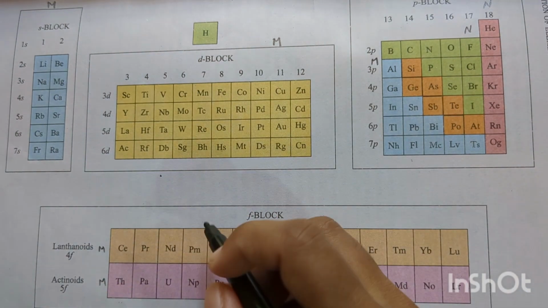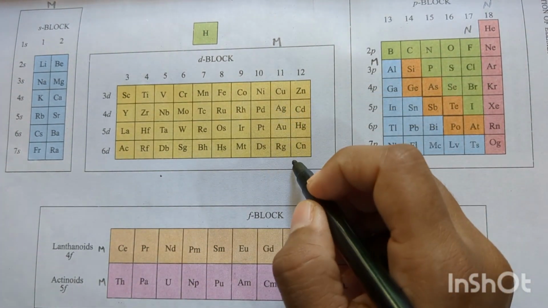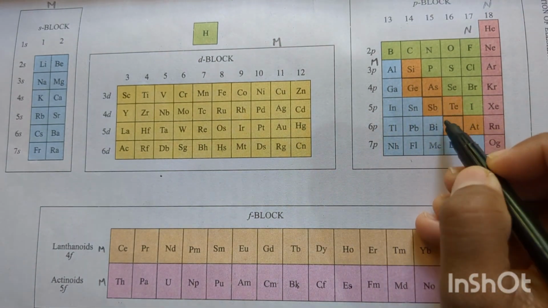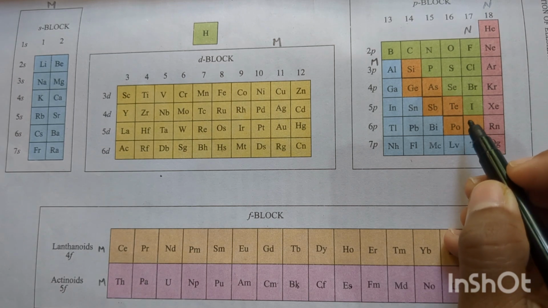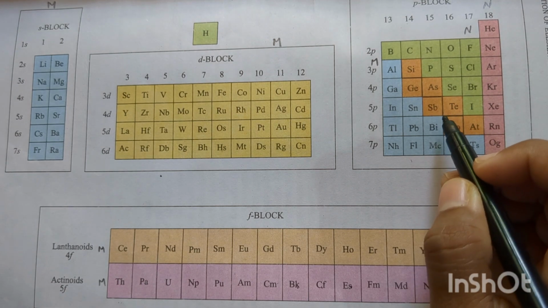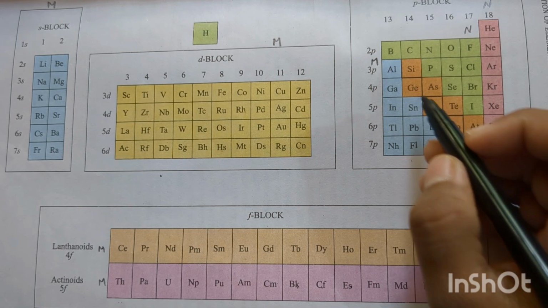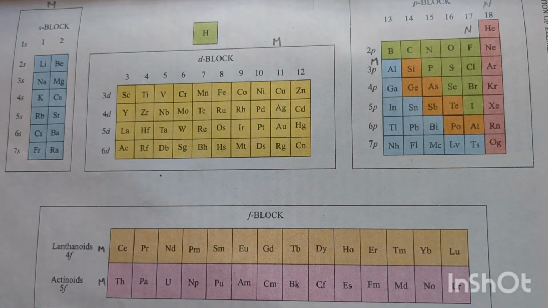Metalloids or semi-metals are the group of elements in the periodic table that exhibit properties intermediate between metals and non-metals. Metalloids are located along the border between metals and non-metals.